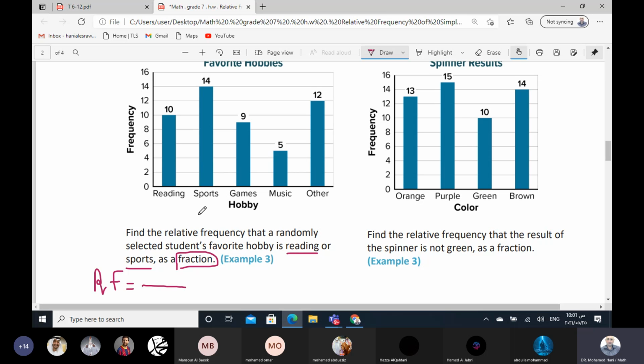So at the first, find the total. We have here 10 plus 14 plus 9 plus 5 plus 12. So the total will be 50.